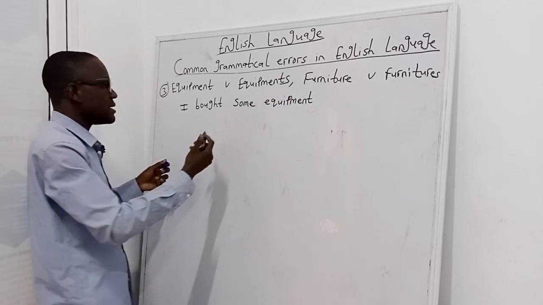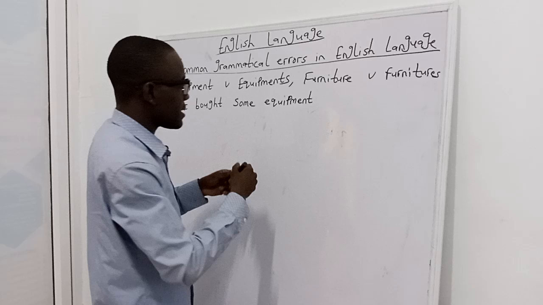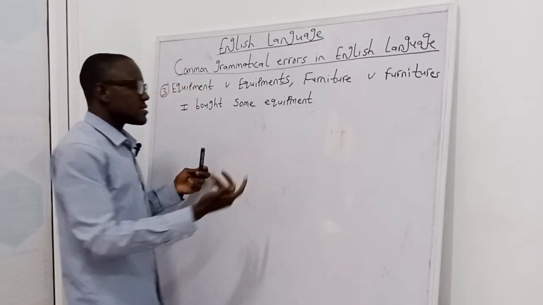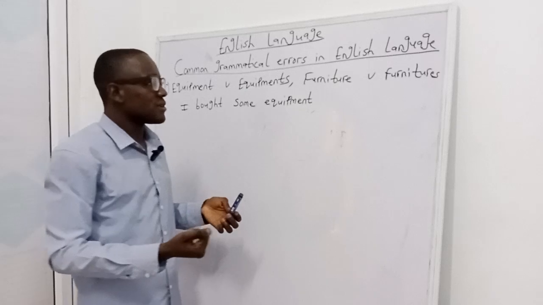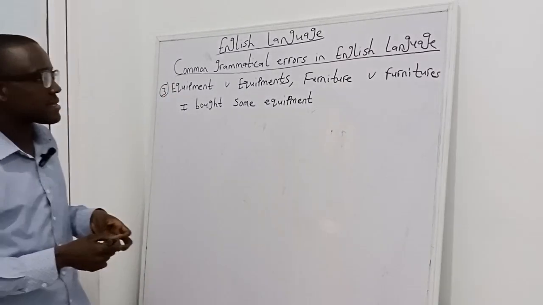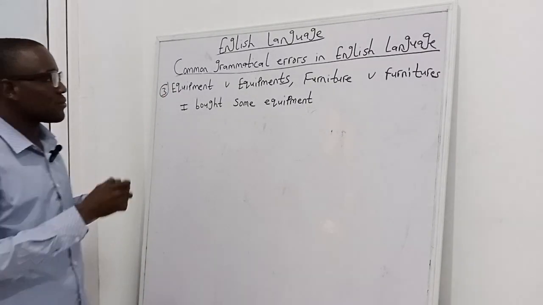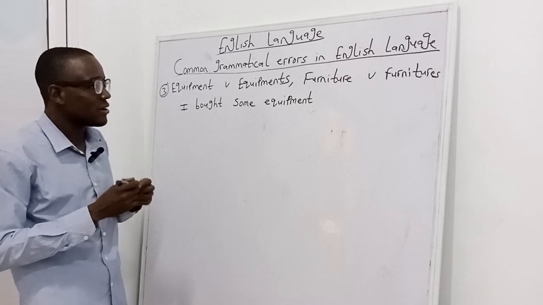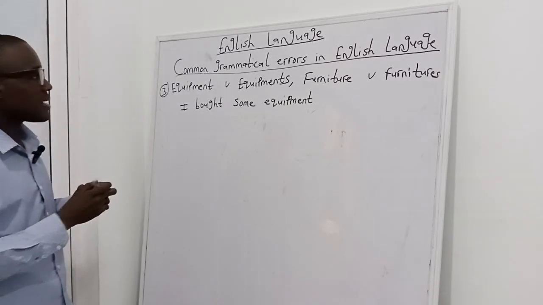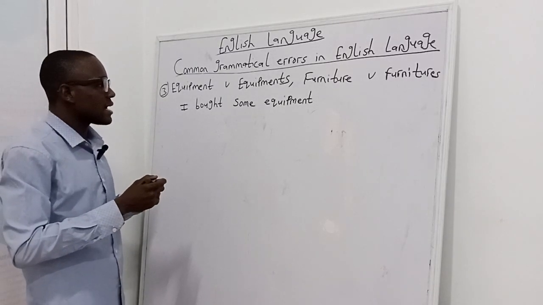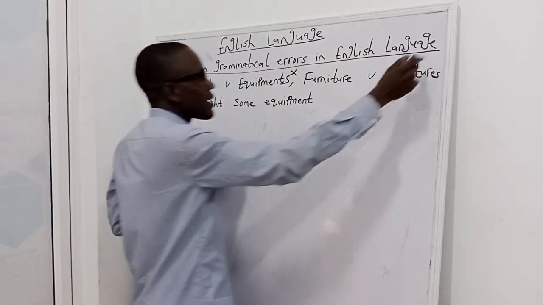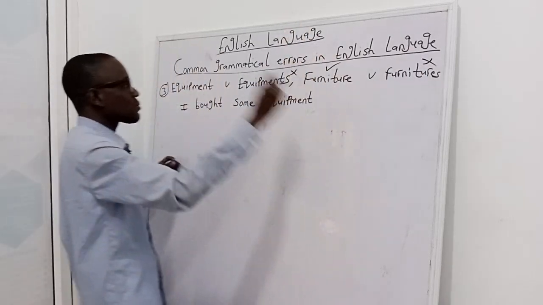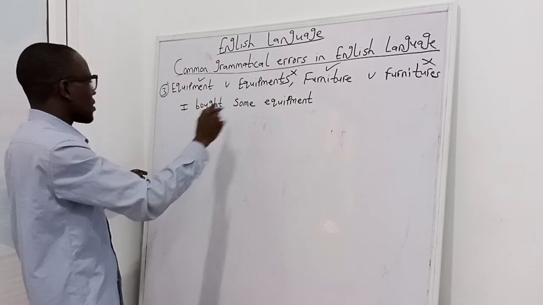And for furniture, you can just say I was given some sets of furniture instead of saying furnitures. Furnitures actually does not exist in English language. So furniture remains furniture regardless of whether you are dealing with singular or plural, and the same thing applies to equipment. So there's nothing like equipments and there's nothing like furnitures.